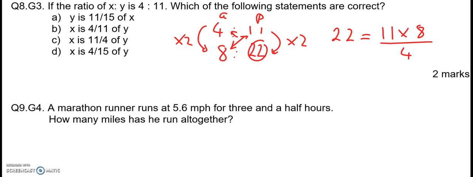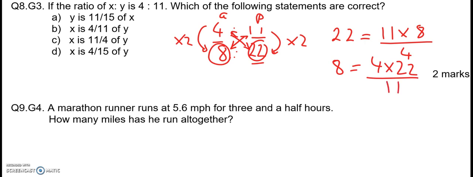Same thing if I want to work out the 8. Let's suppose I have the 4, the 11 and the 22. Then I can go and multiply the two numbers across. So 8 would be equal to 4 times 22 divided by 11.